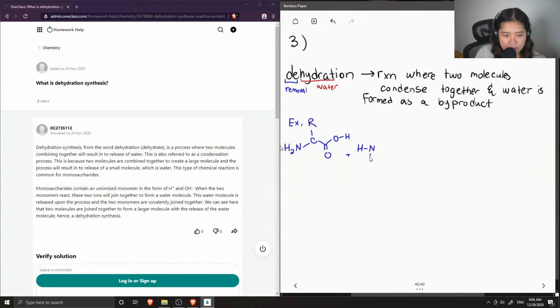So this is the amine group, and then carboxylic acid group, and then I'm going to show R prime to show that it is a different amino acid than the first one.